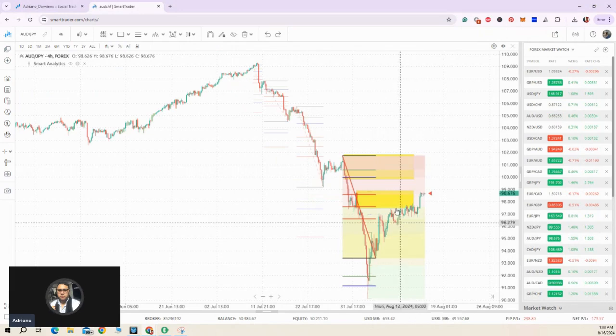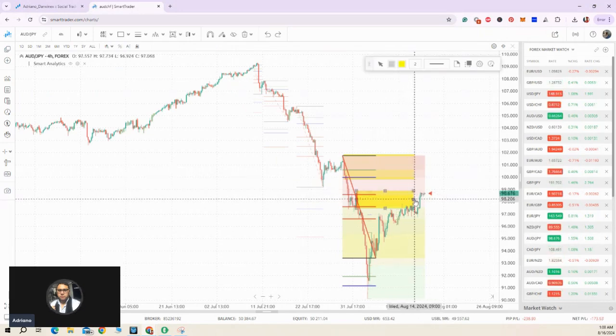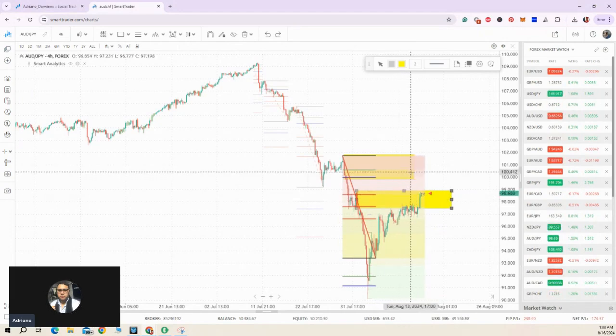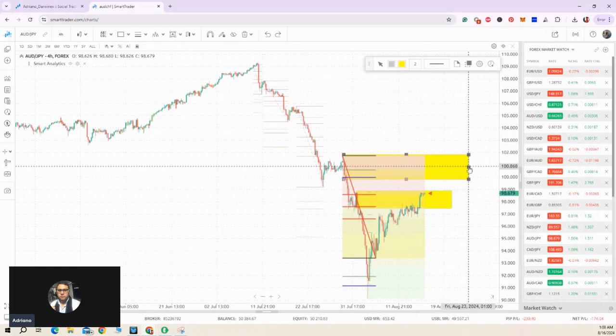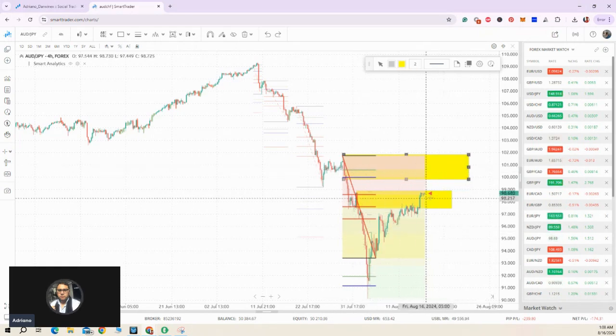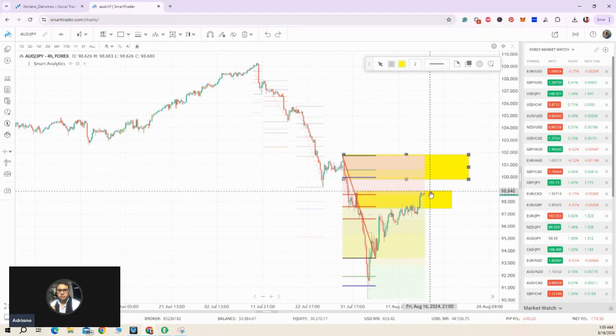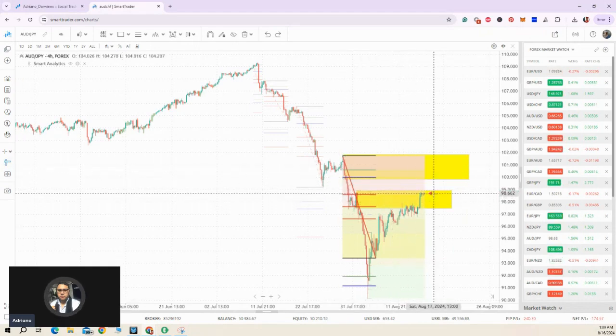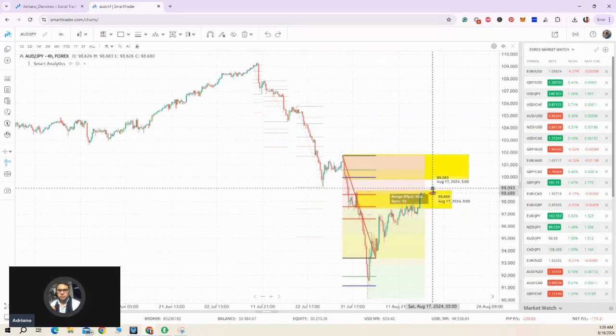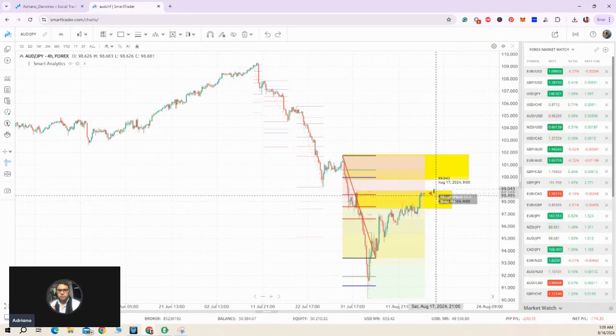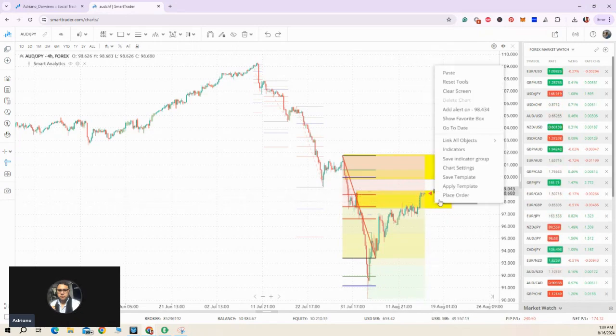AUD JPY, same thing. You have this supply zone here, and then you have another one over there. So for either one, if I take this trade, I can place my stop loss just above this high. So the risk is going to be 35. Let's risk 35 pips.